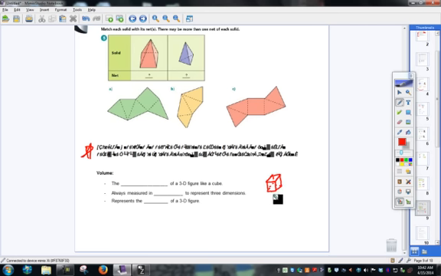Now, specifically I want you to know that when we're talking about volume, we're talking about a 1 by 1 by 1 cube. So we're going to write that 1 by 1 by 1 cube. That's very important that you know this. Think back to area.